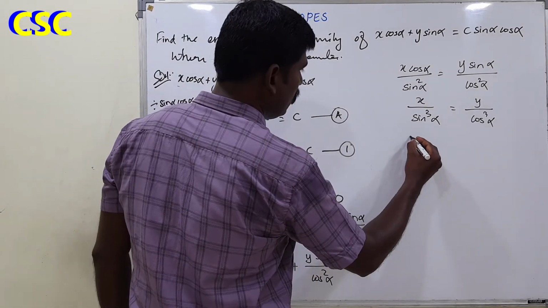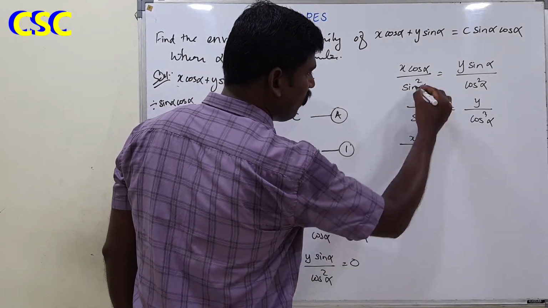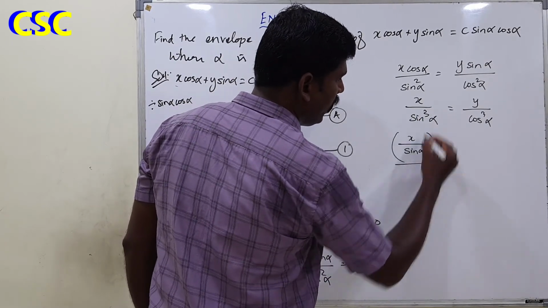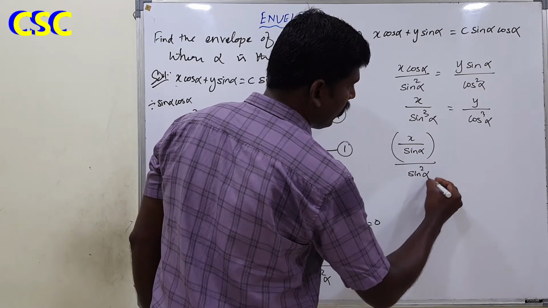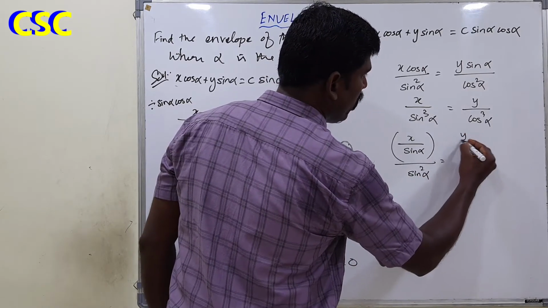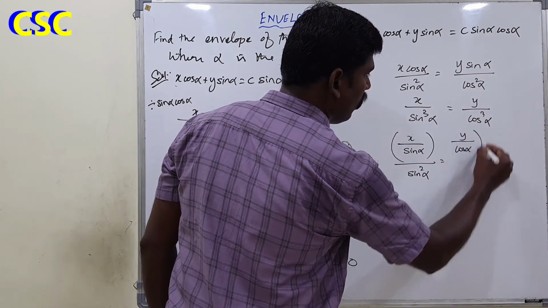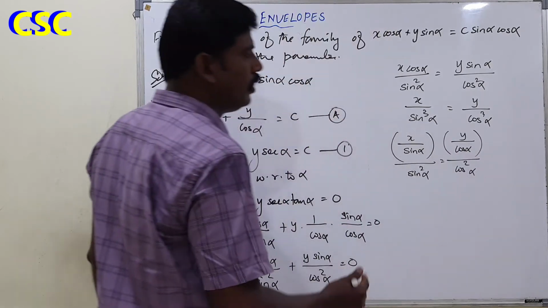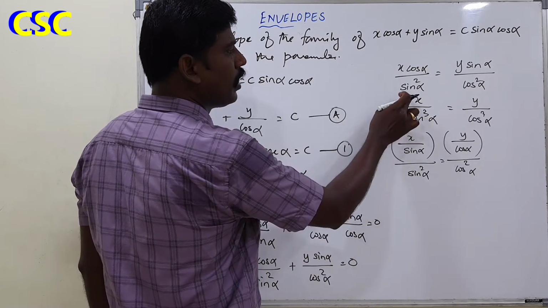So what will you get? So x by, I am taking the one sin alpha to the numerator, sin alpha by the remaining sin square alpha in the denominator, equal to same like that y by cos alpha by cos square alpha, isn't it? And simplify this, you can get this one, right?